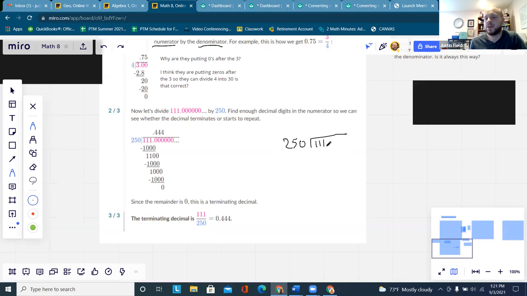That's a bigger number. So what we do is we put a decimal point and a 0. And now we say, how many times does 250 go into 1,110? We know the answer to that is 4. We could do our times tables over to the side to figure that out if we didn't know the answer was 4.